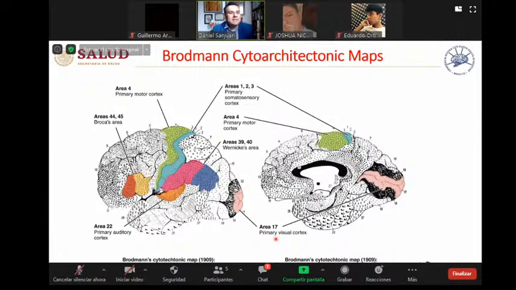So to start, this is the Brodmann map that was described several decades ago. And you can see the primary areas that many people in this audience know about: the primary motor area, the Broca area, another relevant one like the Wernicke area, the visual primary cortex.